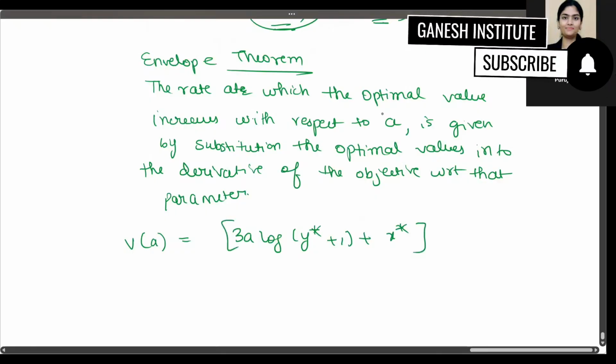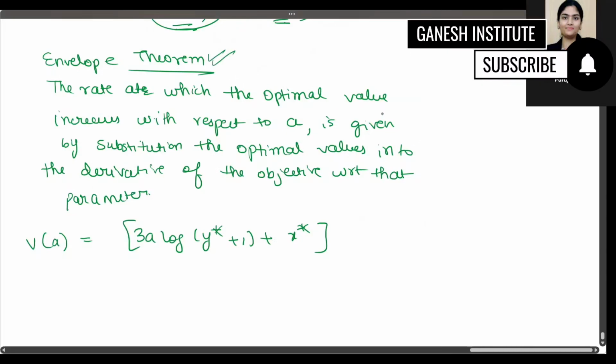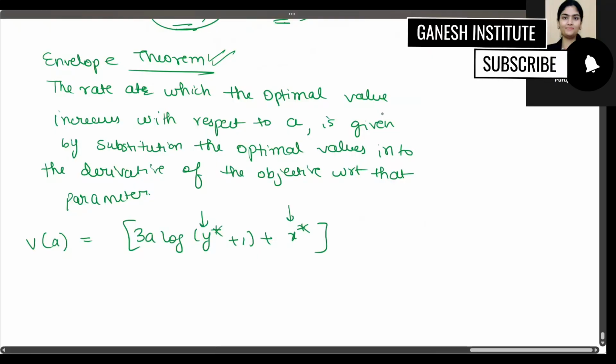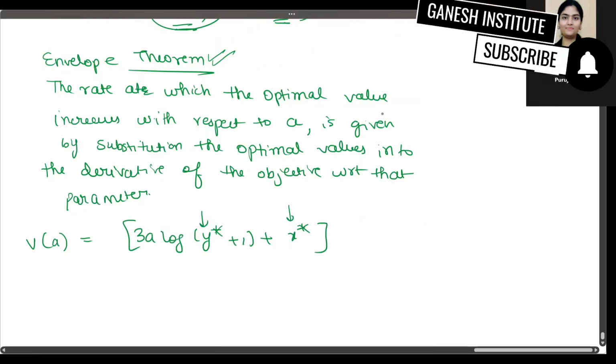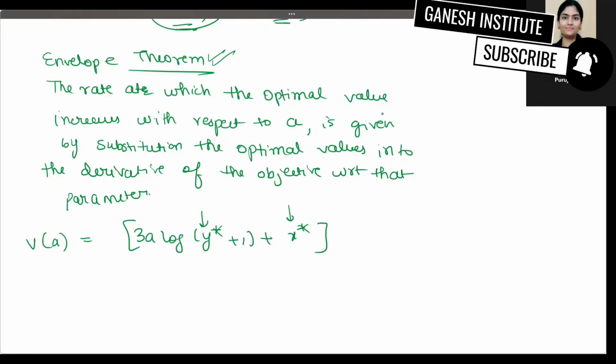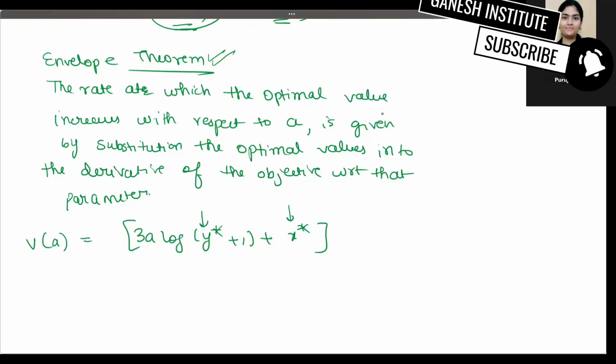So what you need to do is envelope these points. We put y star and x star; these are the optimal points where the function is maximum. Since it's a concave function, we are technically at a global maximum here.